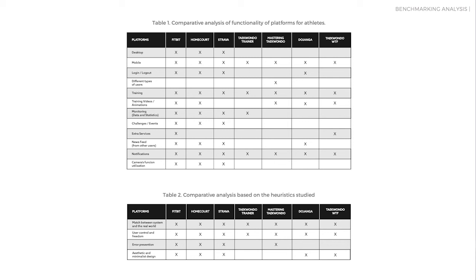This interface was designed so that users can train and perform exercises according to their level of experience. This type of function provides users with continuous progress according to their current ability, distinguishing between beginners and seniors.